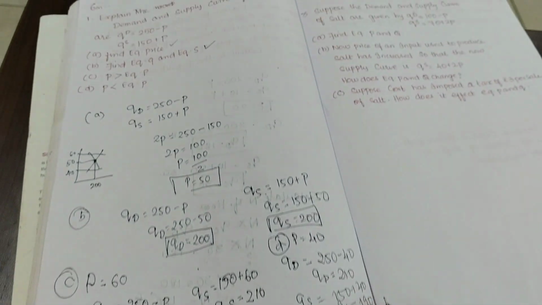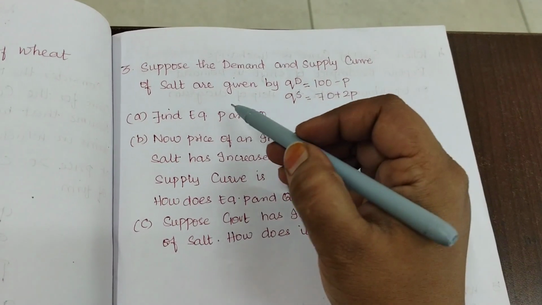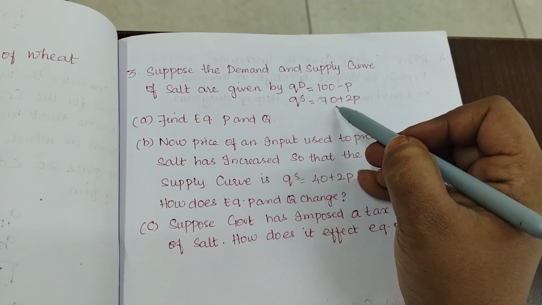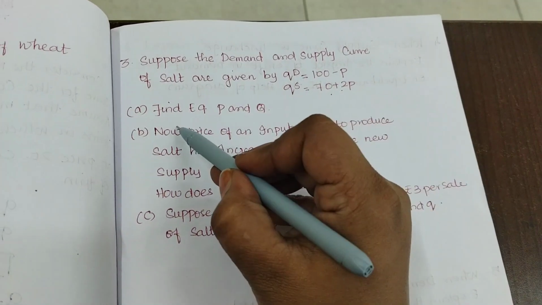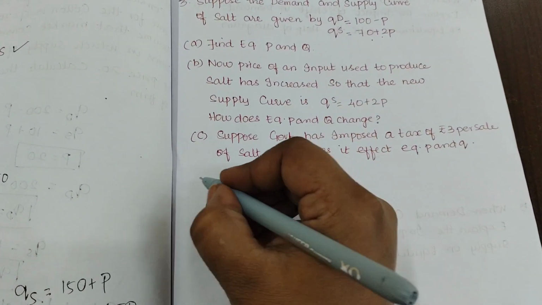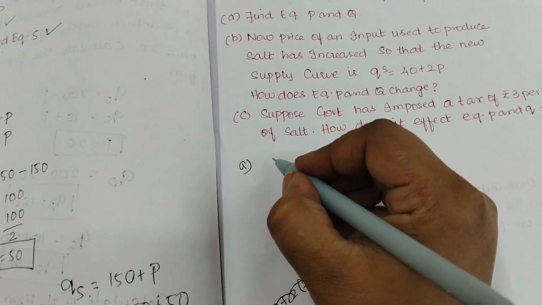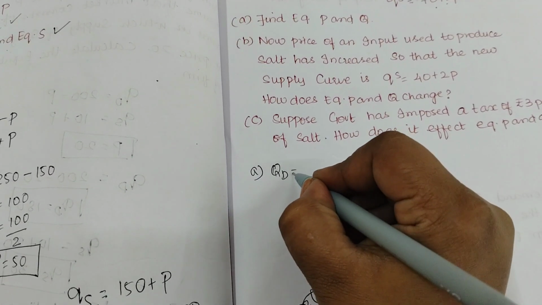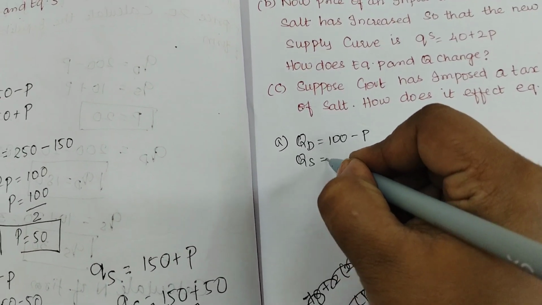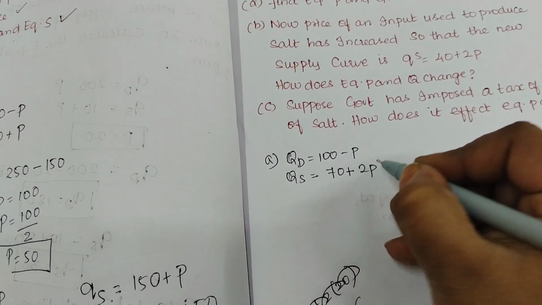So that is it. Next question: suppose the demand and supply curves of salt are given by QD = 100 - P, QS = 70 + 2P. Find the equilibrium price and quantity. First we will calculate the equilibrium price. So 100 - P = 70 + 2P.